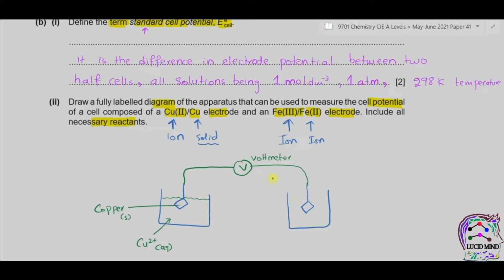On the other side we do not have any solid electrode, so we can use porous platinum. And the solution will contain iron 3 positive as well as iron 2 positive. And one thing is left, which is the salt bridge.